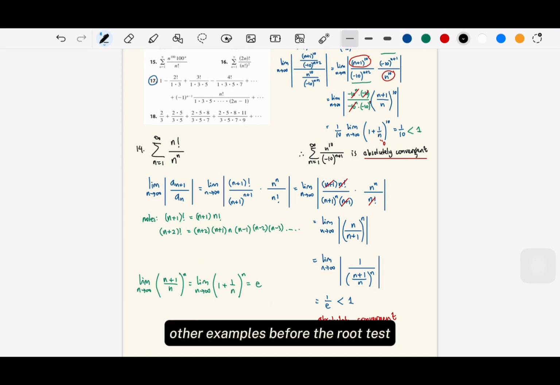Now let me take other examples before the root test. Let me add some pages.